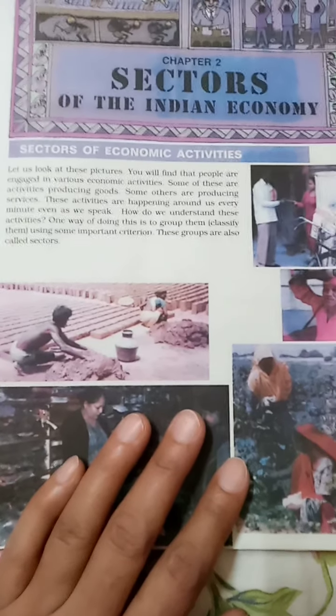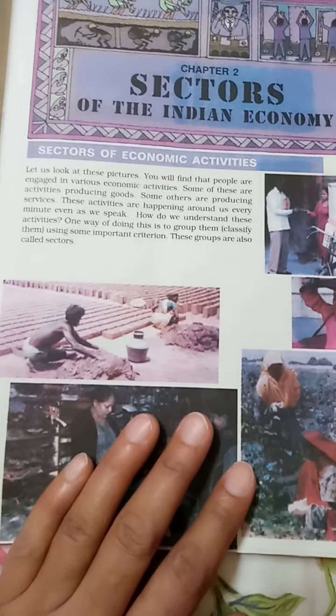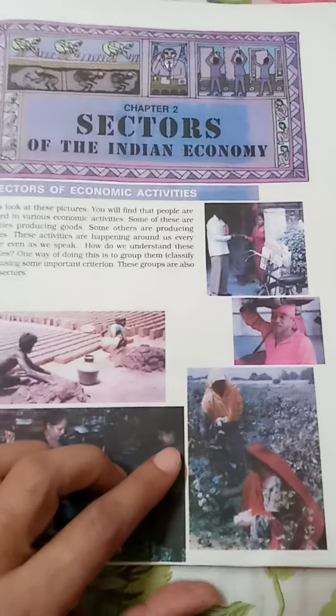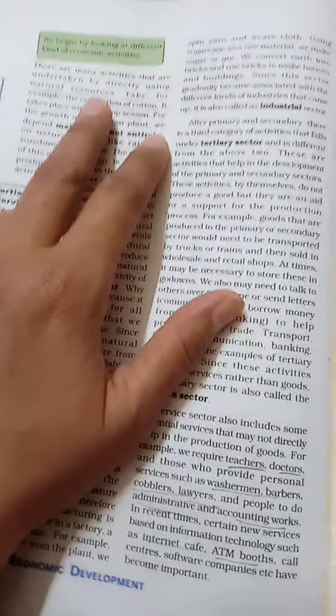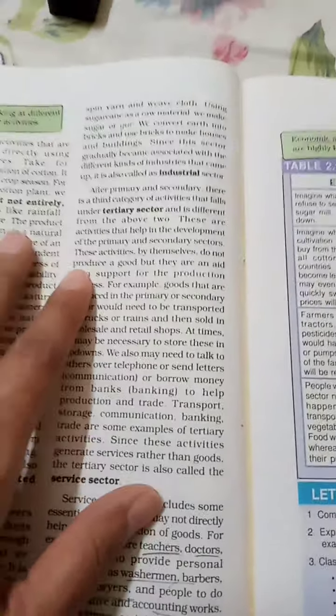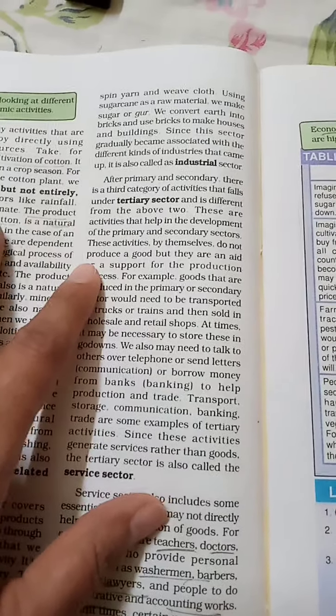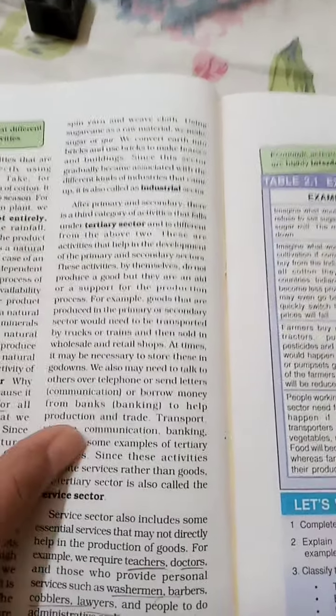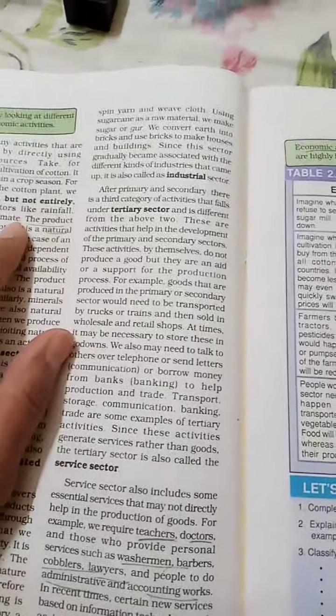In the primary sector, we use mainly natural resources and natural products like agricultural products, mining, dairy, fishing. Cultivation of cotton depends upon nature.